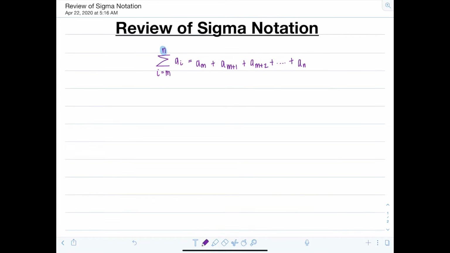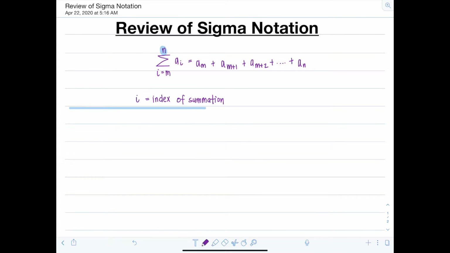All right, i is called the index of summation. And you may see other textbooks use k or some other variable, but typically i and k are the most common.